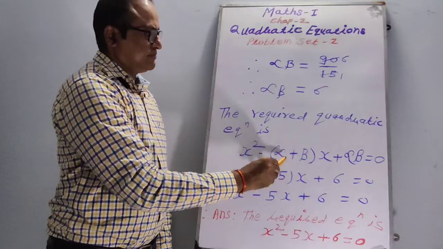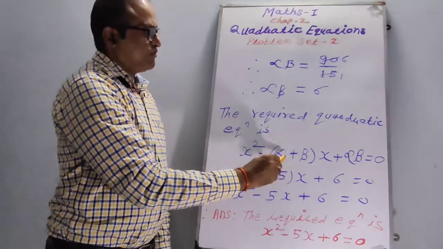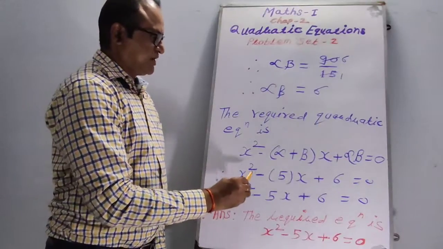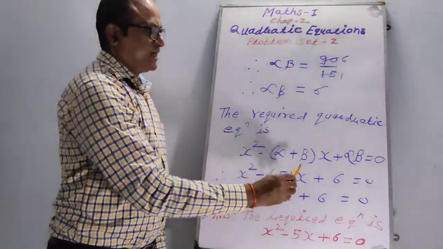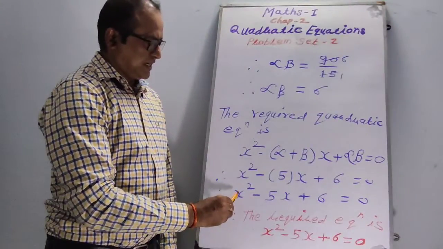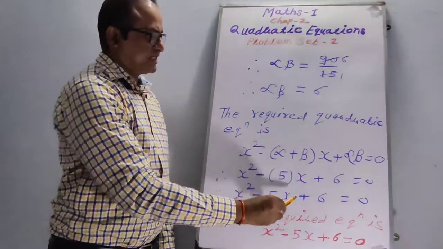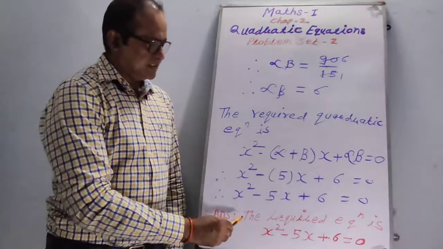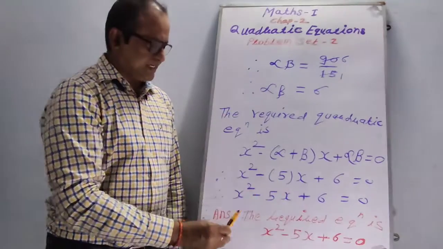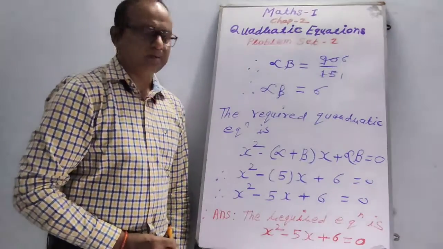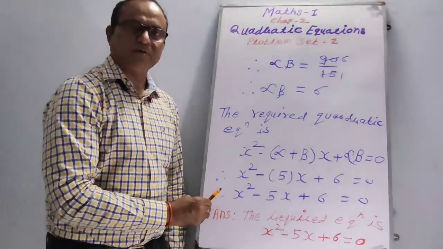Here in this equation, put the value of alpha plus beta and alpha into beta. Therefore, x square minus in bracket 5 into x plus 6 is equal to 0. Therefore, x square minus 5x plus 6 is equal to 0. Therefore, the answer is, the required equation is x square minus 5x plus 6 is equal to 0. All of you understood? Very easy.